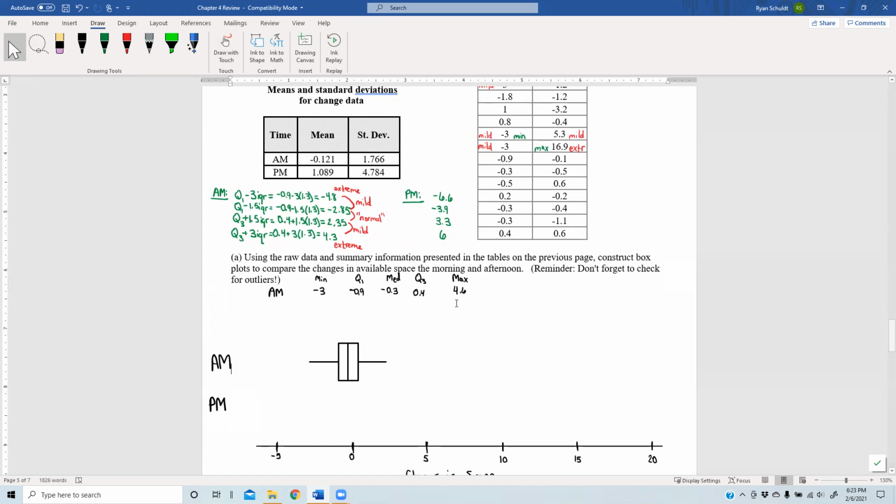So at -3, I need a mild outlier. Which, remember, our mild outliers are done with open circles.